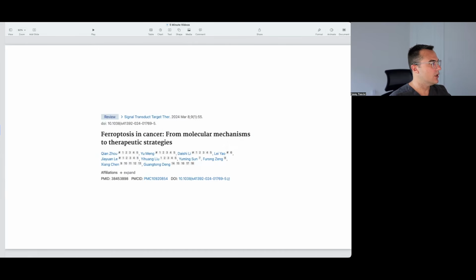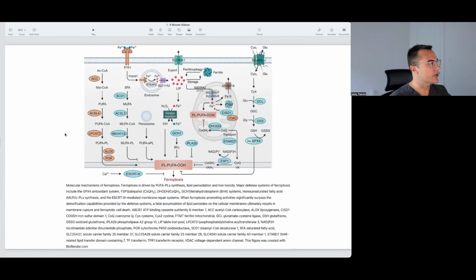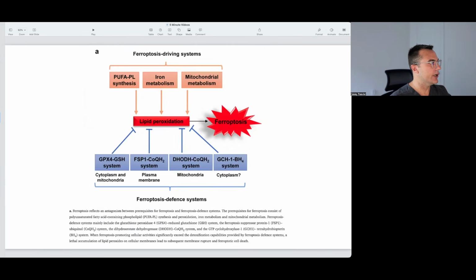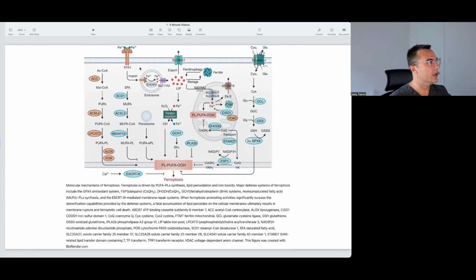And then again, there are systems in place that we have talked about in the past that help protect against this. If we were to look at another paper that was published in March of 2024, there's a graphic that came along with this as well. And this is a cellular representation of this graphic right here. So we have here iron import, we have the labile iron pool, we have oxidative stress that's coming from somewhere in the cell, likely mitochondria. Here's hydrogen peroxide interacting with iron through this Fenton reaction.